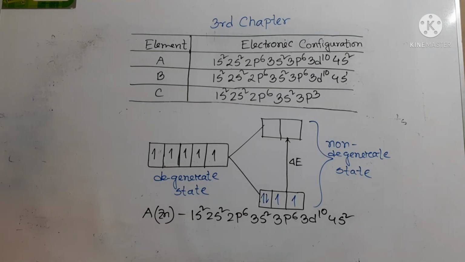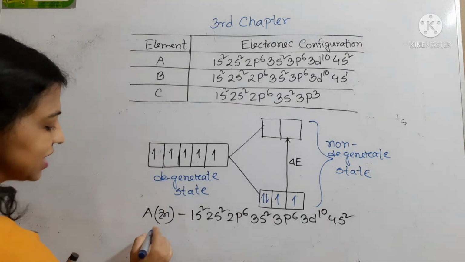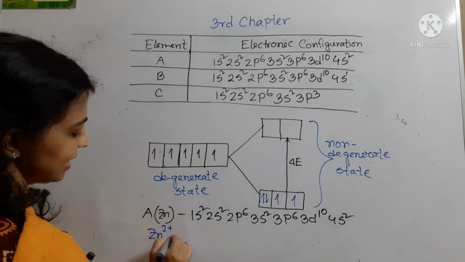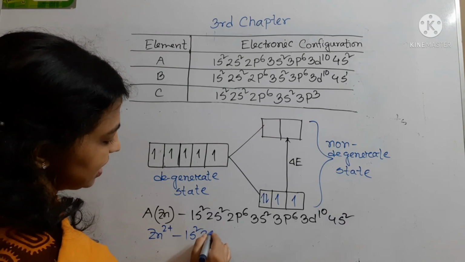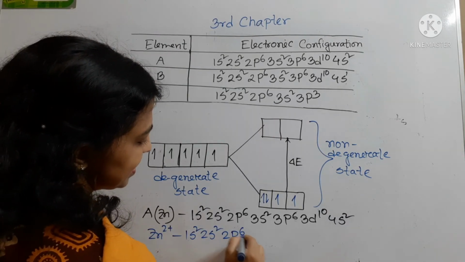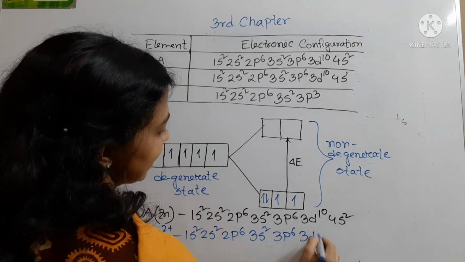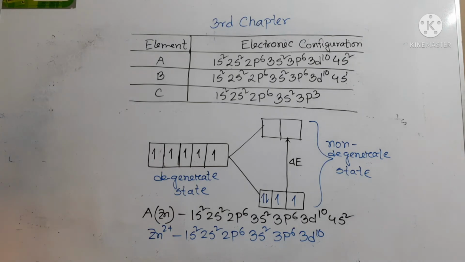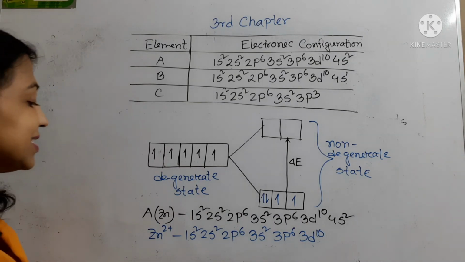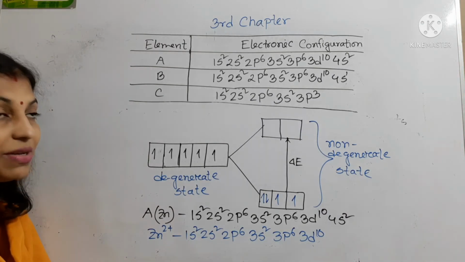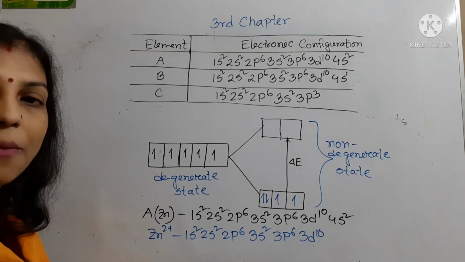Its stable ion is zinc 2 plus and its electronic configuration is 2p6, 3s2, 3p6, 3d10. That means it is not a transition element as its d orbital is completely filled. So as zinc is not a transition element, it does not form any colorful compound.